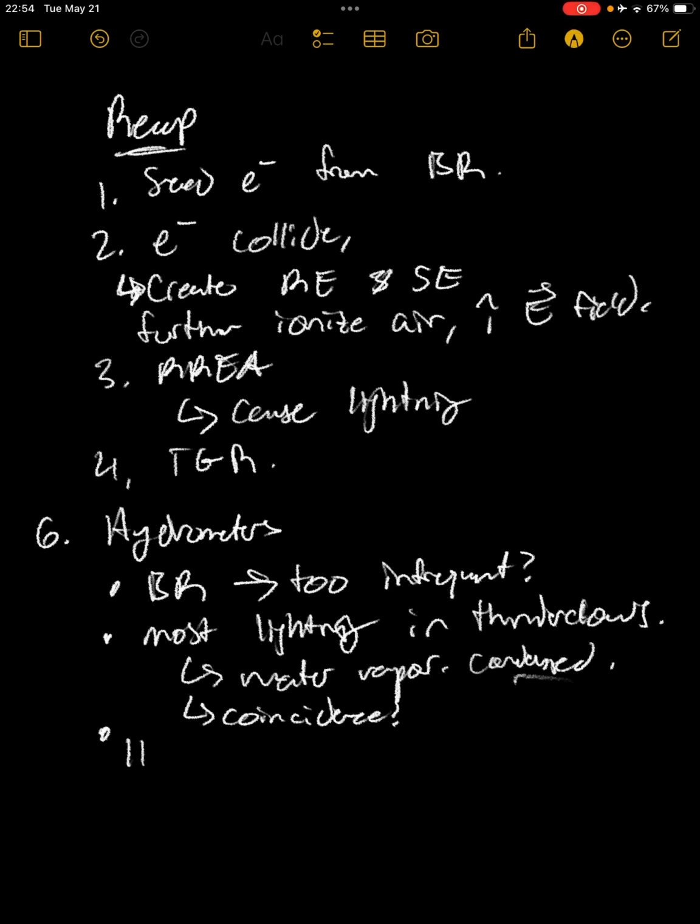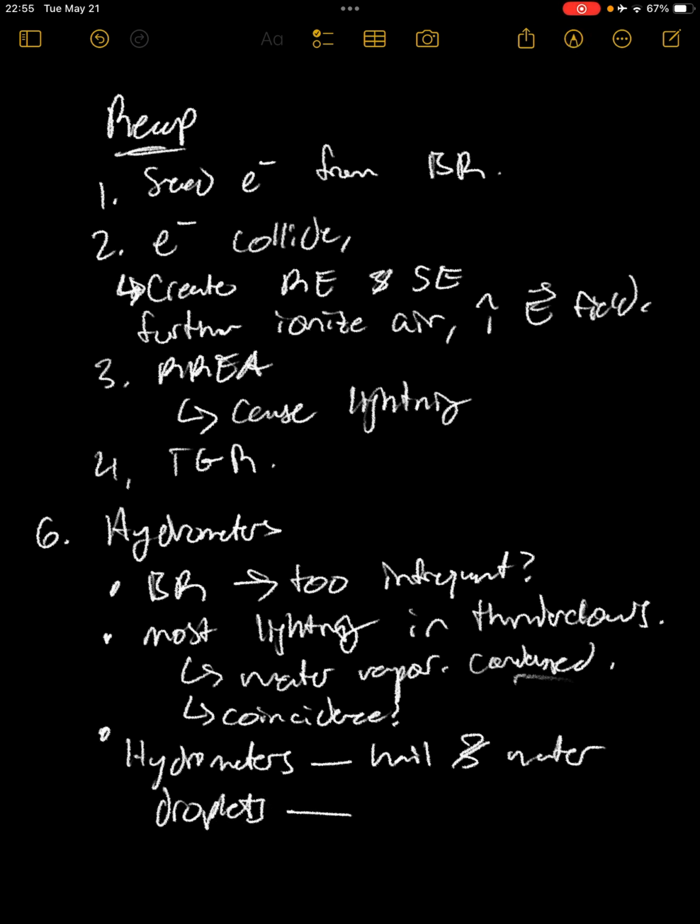So hydrometeors, which are like hail and water droplets, may actually help this process to occur. They may help not lose energy within the system and allow these seed electrons to continue.